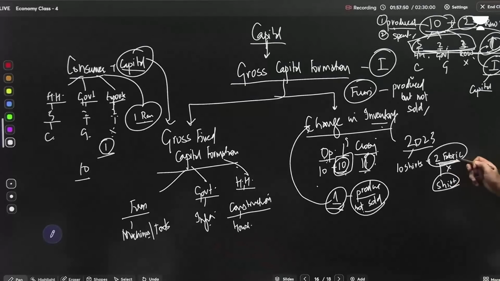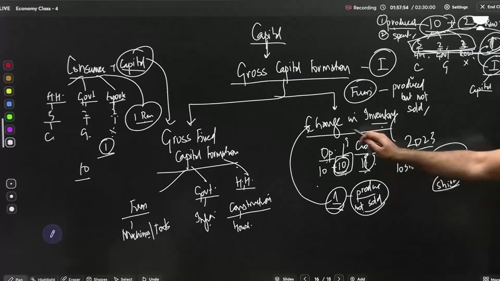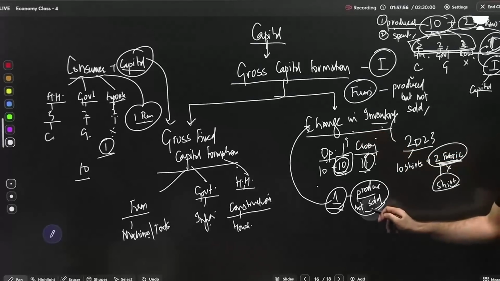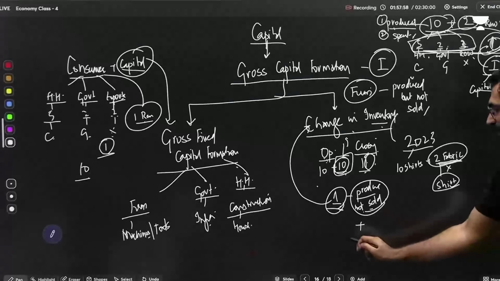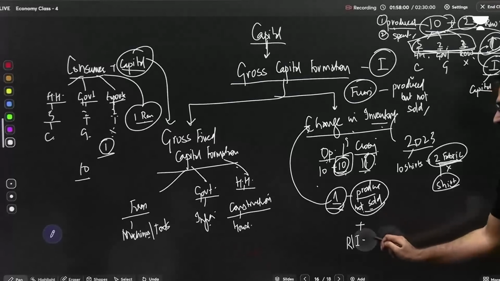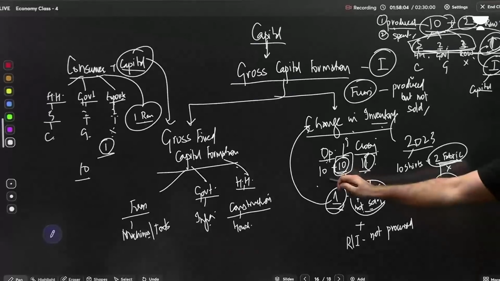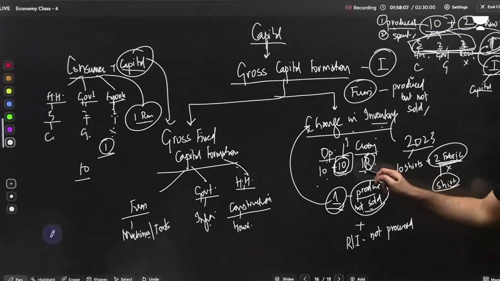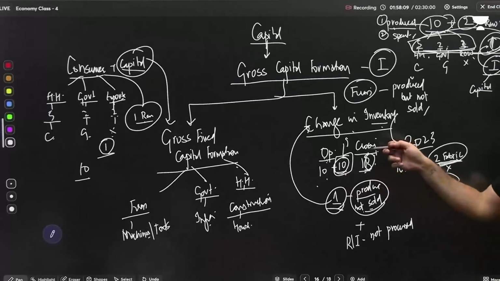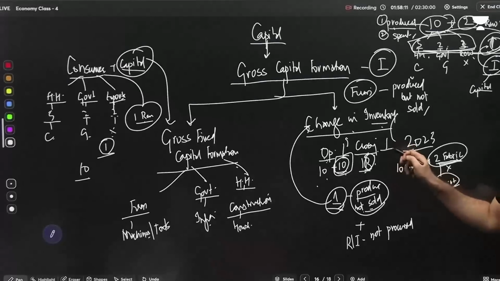So this two fabric also is the expenditure of whom? Firm. That means inventory will not only include produced but not sold, but will also include raw or intermediate which was not processed. So my opening was 10, but my closing is 13. How did this happen? एक गुड तो वो है जो बिका नहीं, दो गुड वो है जो प्रोसेस नहीं हुए, तो ये तीन का खर्चा किसका है?